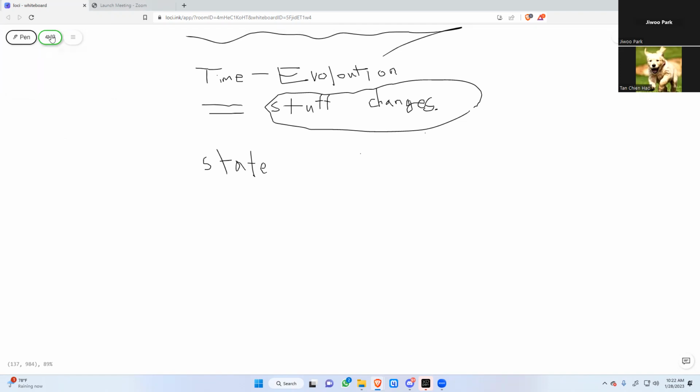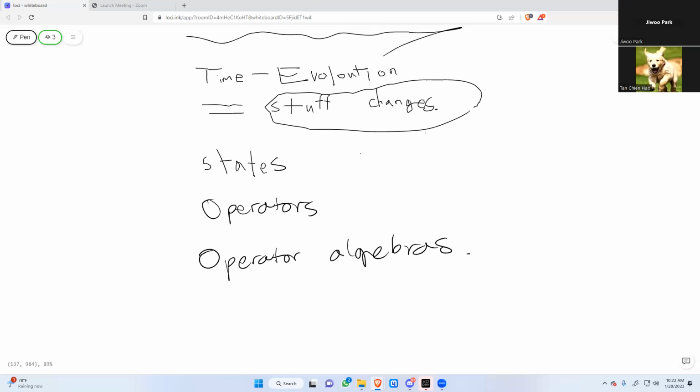Okay, so anyway, I talked about states and I talked about operators and operator algebras. I'm going to mainly talk about these.